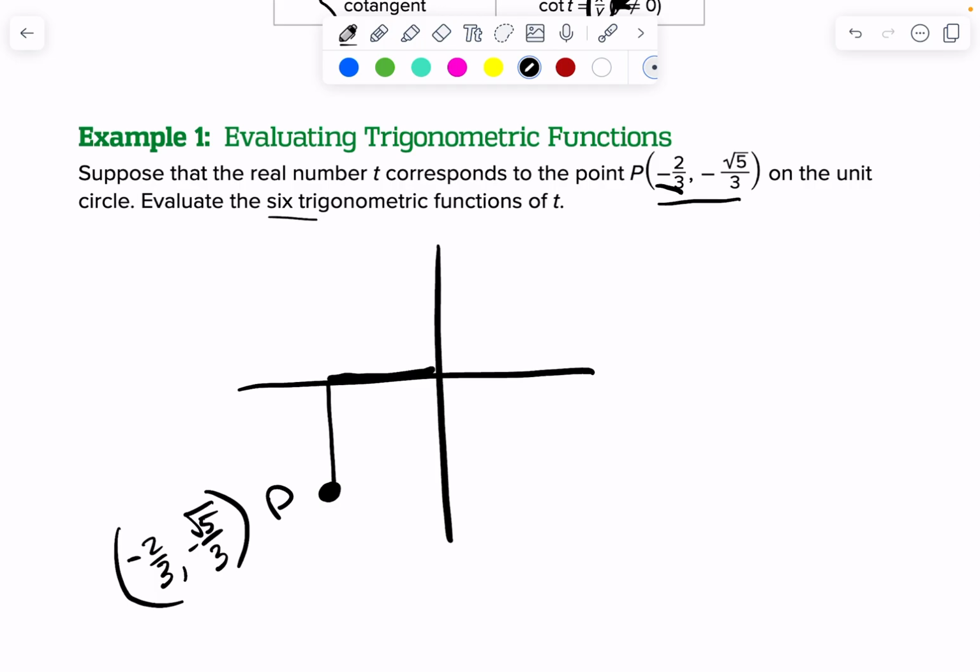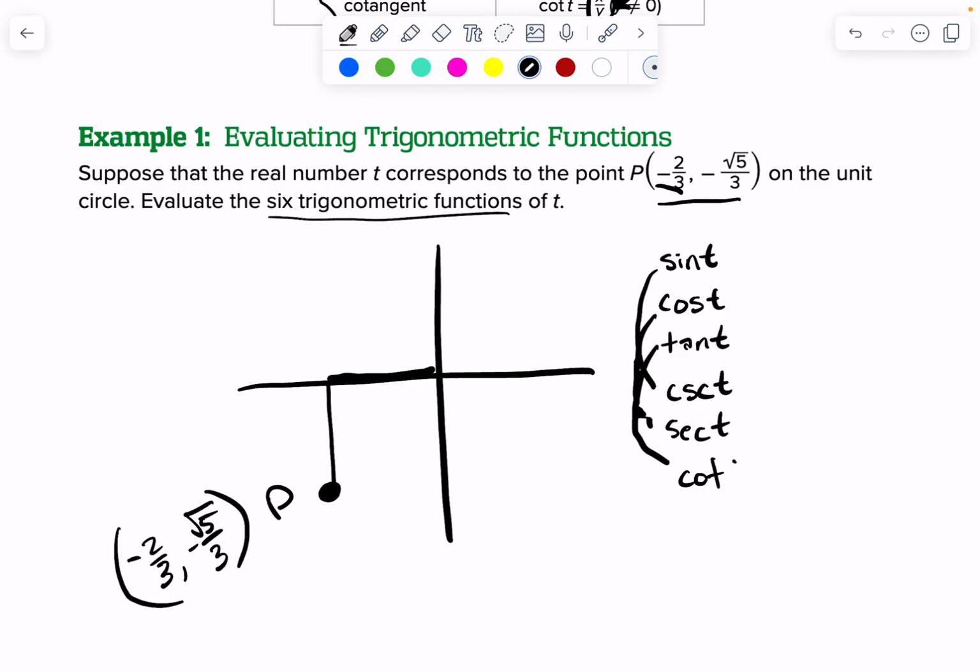They want us to find the 6 trig functions that go along with this. So let's put them in order. We have sine of t, cosine of t, tangent of t, cosecant of t, because that goes with sine, secant of t that goes with cosine, and then cotangent of t that goes with tangent. Okay, and they want us to find what all of those are.